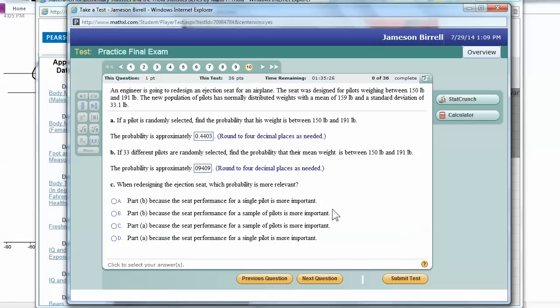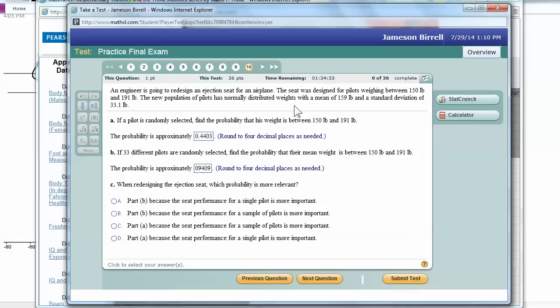What's the final question? All that other stuff I talked to you about was just giving you the full understanding of the central limit theorem, well, as much as I really wanted to review. But then you got to put it together here. When you're actually designing an ejection seat, which probability is more relevant? And I would have to go with, because of the situation, we're not really concerned with the average weight of 33 people getting into the plane.